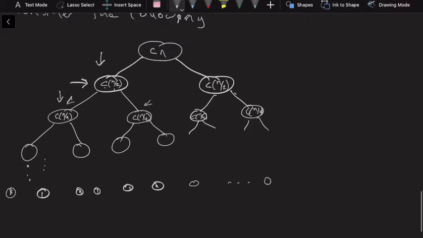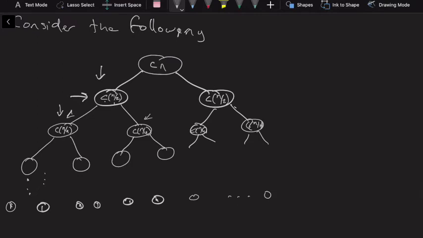So now we could do the total accounting of the amount of work that we're going to have to do. So let's say this is going to be the level, and this is the amount of work we're doing at each level. So at level 0, the amount of work is just going to be one of these C of n's. So there's going to be C times n amount of work.